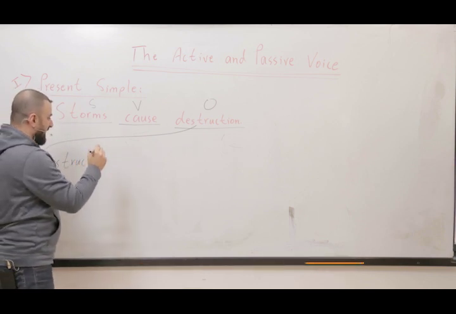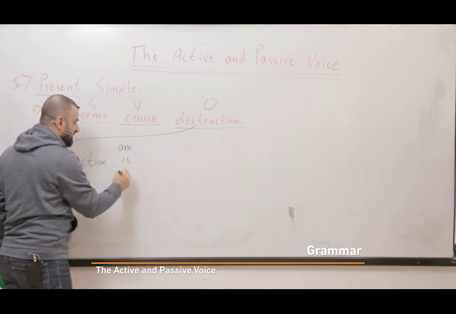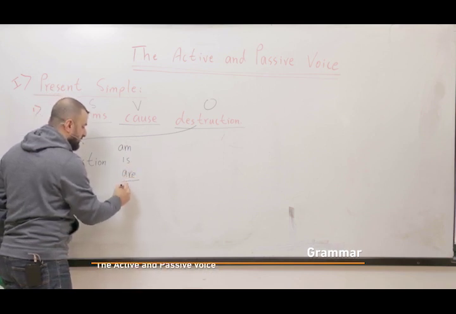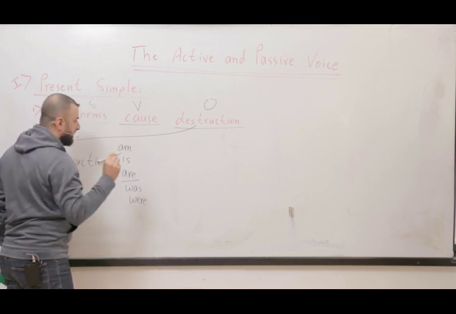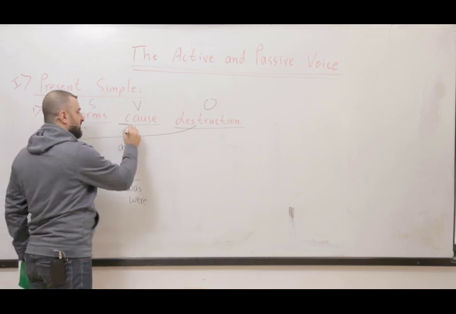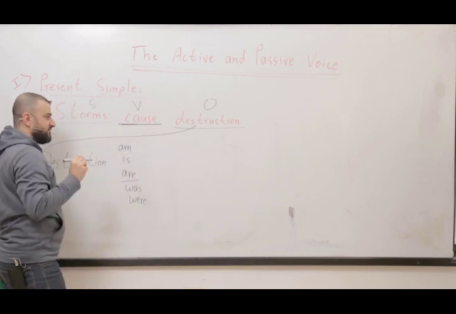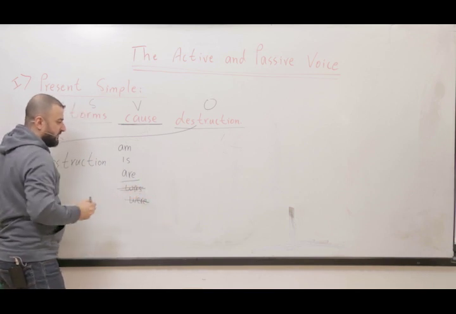Second, we have to put one of the verbs to be: am, is, are, was, were. We have to choose one of them. We look at the verb of the sentence. It is in the simple present, so you have to delete was and were.